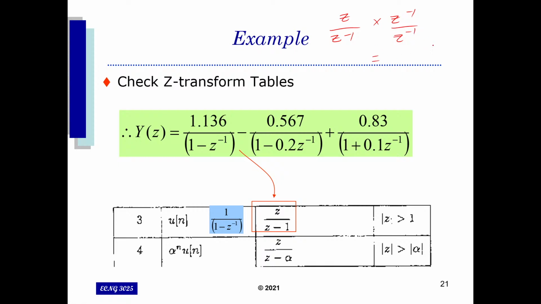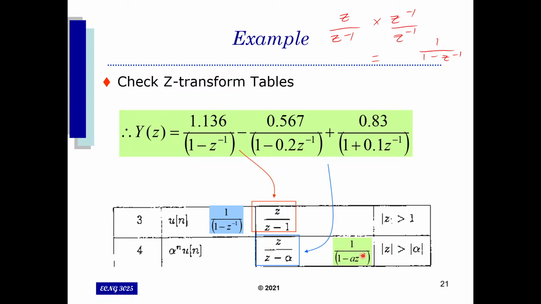As a result, this will just become 1 divided by 1 minus z to the negative 1, which we can see here in our blue shaded block. Similarly, for z divided by z minus alpha, we can do the same thing, and we get a result of 1 divided by 1 minus alpha z to the negative 1.